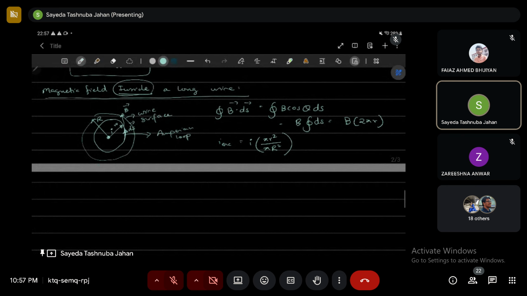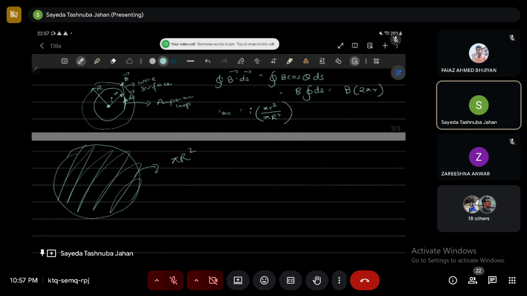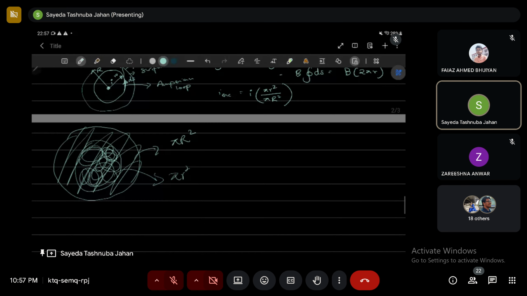So basically, if you have a total circle, its whole area is given by pi R squared, because the radius is capital R. And the area I am enclosing, which is this one, is given by pi r squared, small r squared, because its radius is smaller. So since I am enclosing this much, this is basically this much out of the whole thing. And if I multiply the ratio with the current, it will tell me the amount of current that I am enclosing by this amount of area. That's it. So that's what I'm doing here.